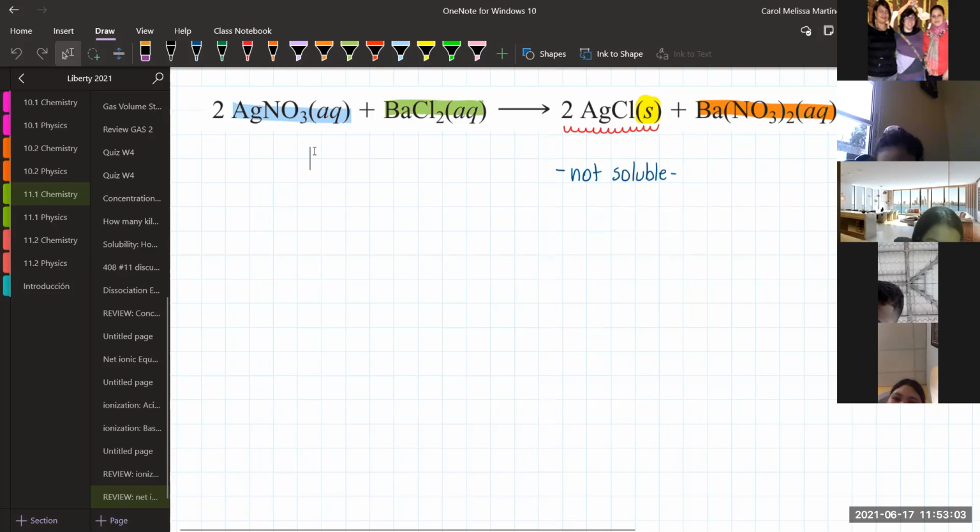It is a double replacement reaction because the metals change position, and then you will have different products. In the products, you will have substances that can be soluble in water or that are not soluble in water.